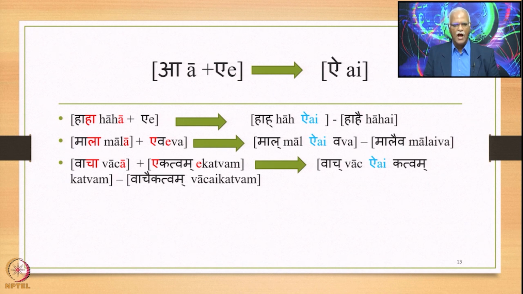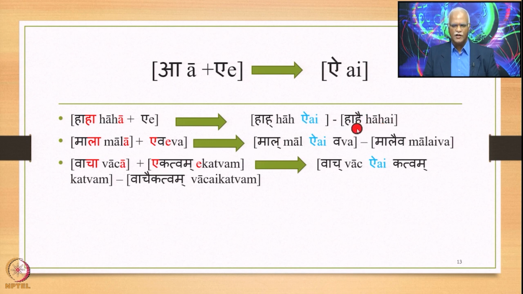So we have haha plus e. Haha is a masculine noun and we are generating the dative singular, chaturthi ekavachana, of this noun. So we have haha plus e, and we have A coming at the end of this pratipadika and E at the beginning of the pratyaya, and so we have 6188 applying and the output generated is ha plus AI, hahai.